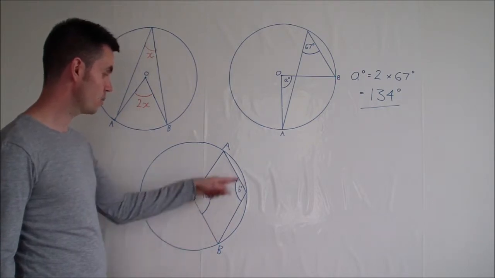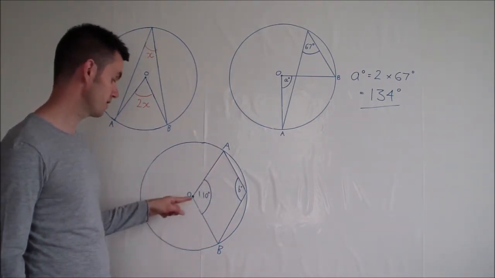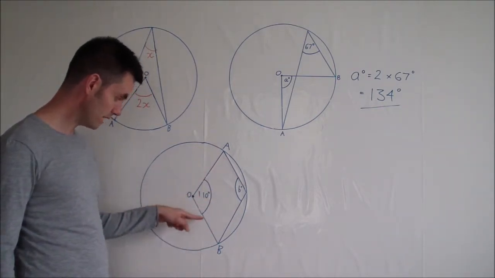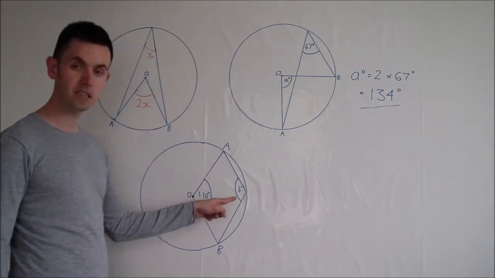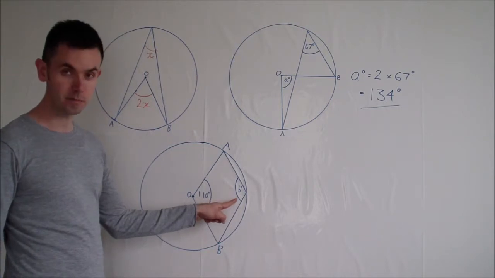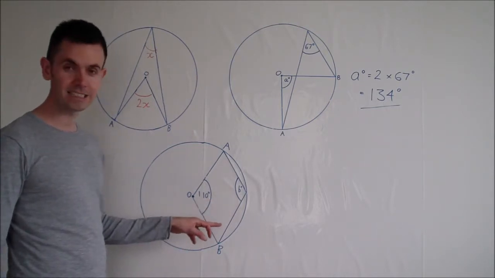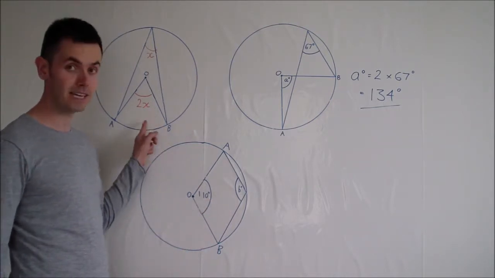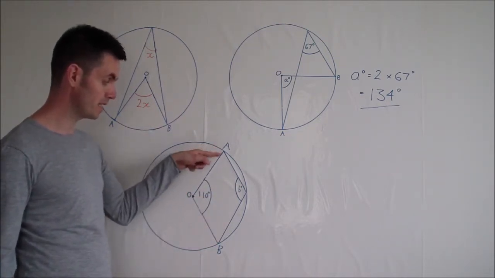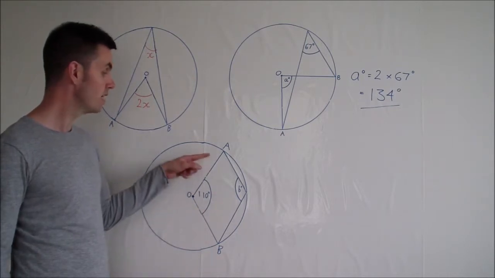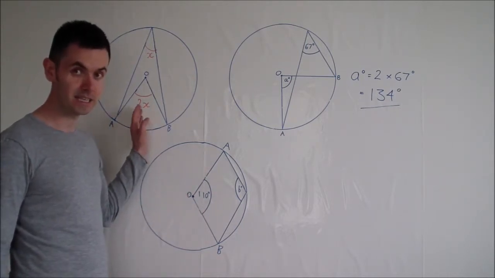Now take a look at this situation. We have a quadrilateral here drawn in this half of the circle. We've got an angle given to us, 110 degrees here at the centre of the circle, and another angle at the circumference. At first glance this looks nothing like the last one, but again when you notice that both sets of lines are drawn from the same points on the circumference, then you realise that it is the same situation.